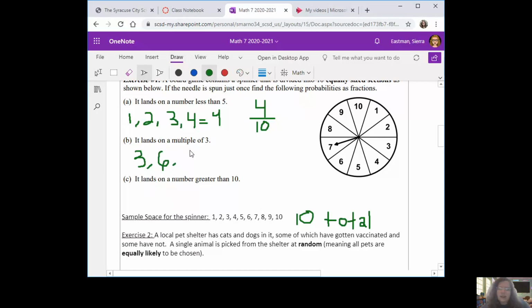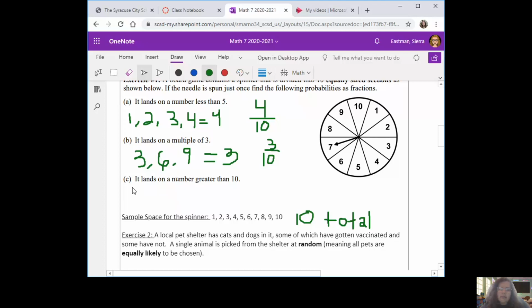And then 9 is a multiple of 3. 3 times 3 equals 9. So that means there are 3 outcomes that are in the event. It's going to be our number on top. 10 total outcomes in the sample space, and now we have our probability.